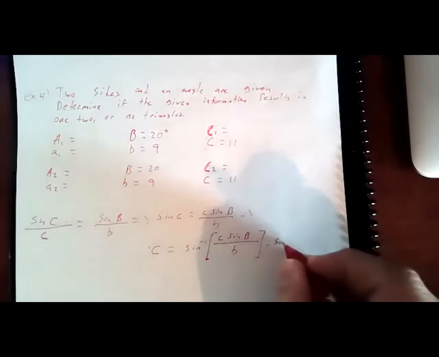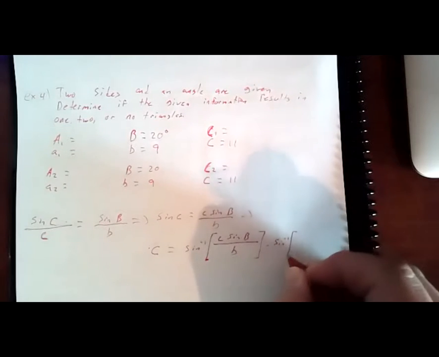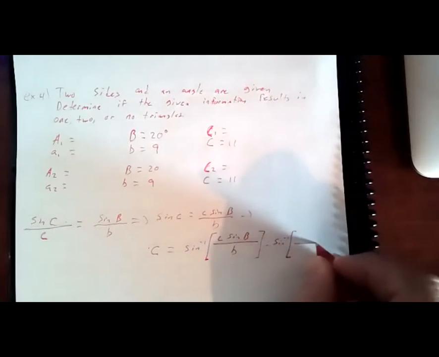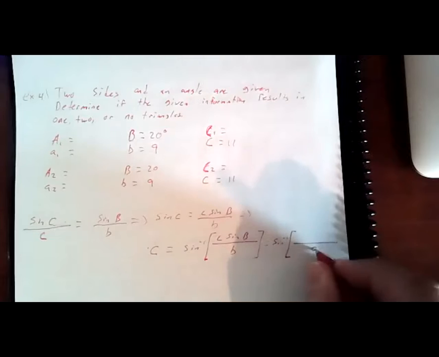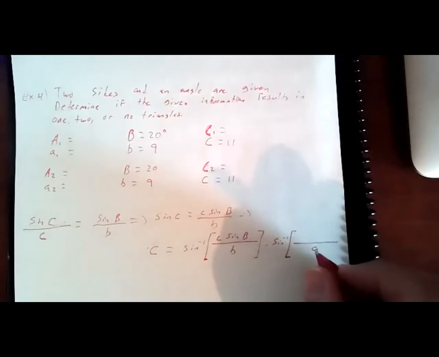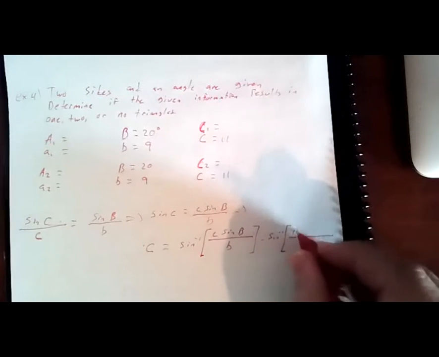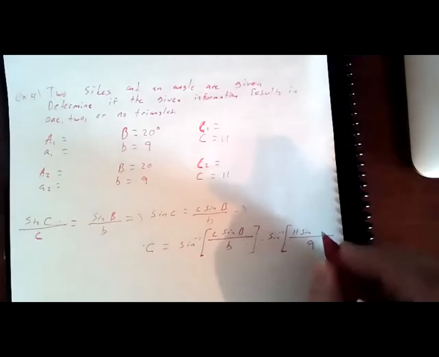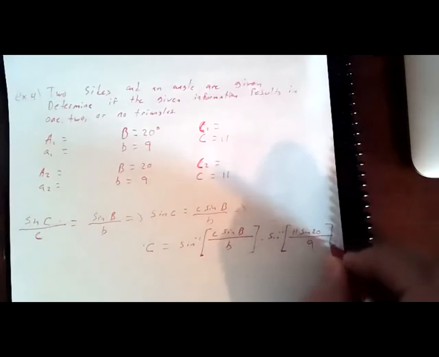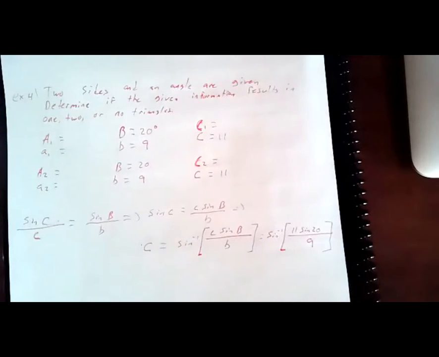Which is equal to sine inverse of 9, 11 sine 20. So what will C be?